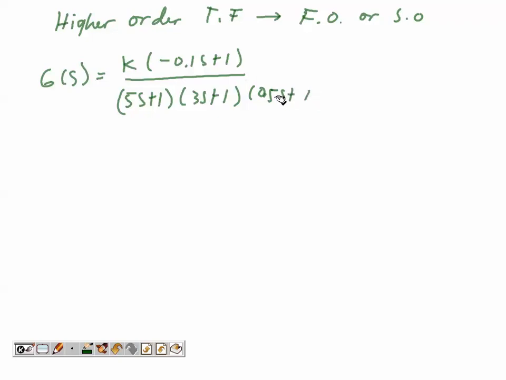This is a higher order transfer function, with order 3, a third order transfer function. Can we simplify or approximate this third order transfer function to become first order plus time delay?